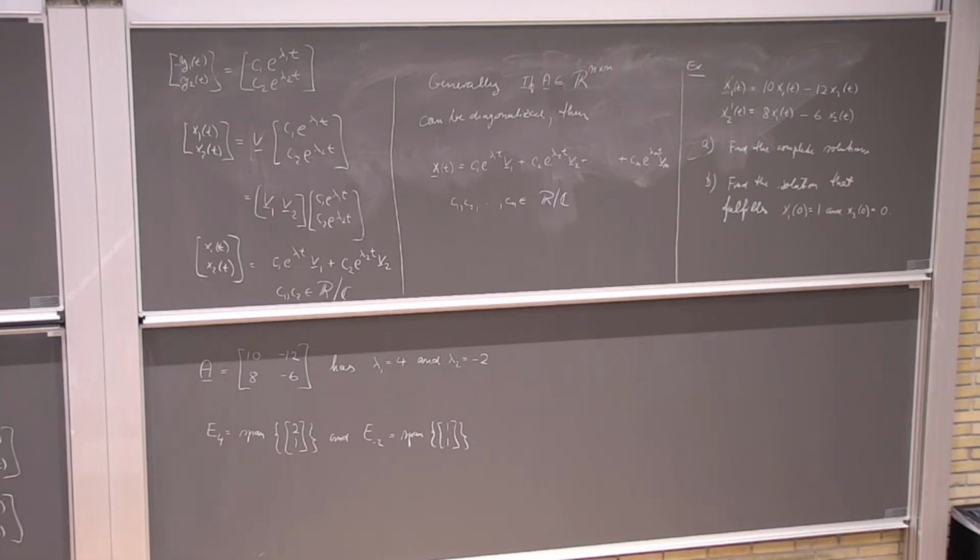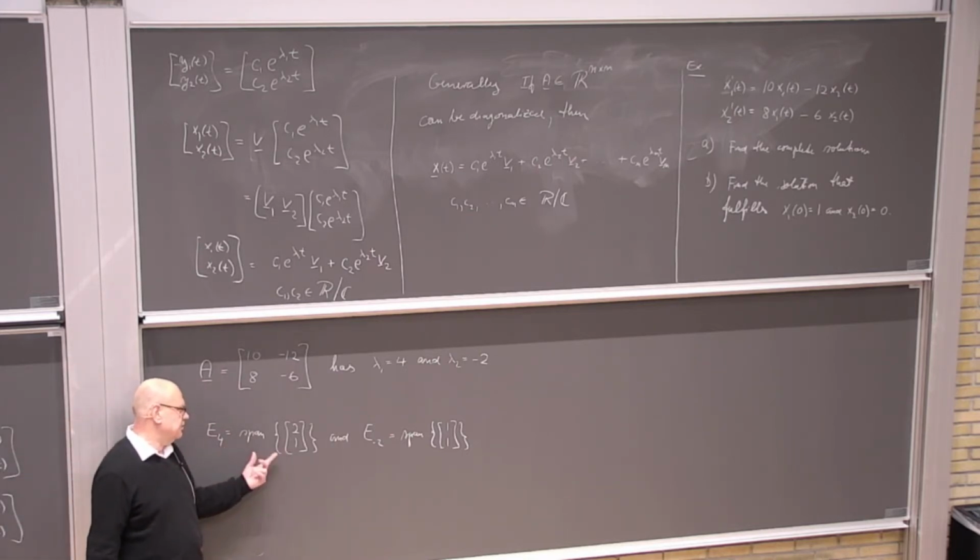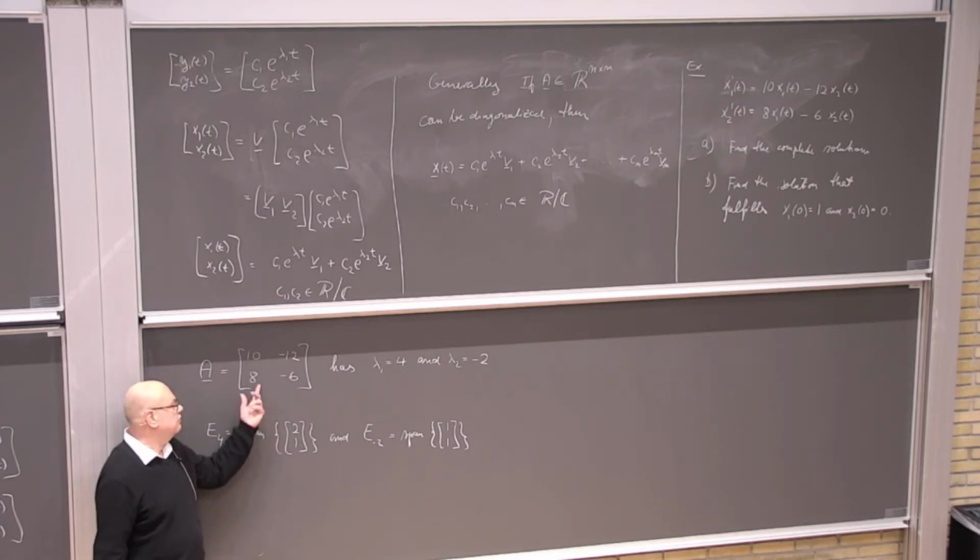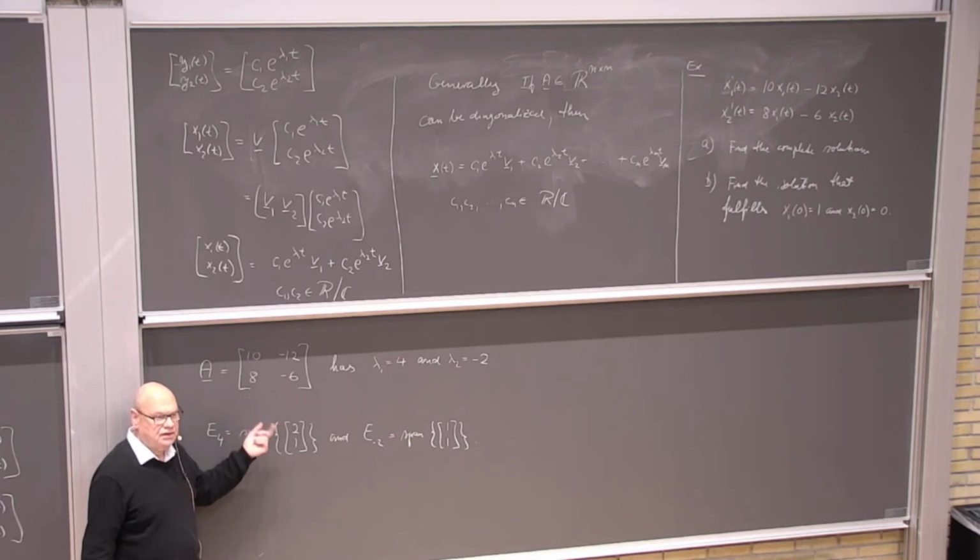But now it's perfectly easy to write down the full solution. And this is just one call to Maple. When you have defined this, then you call eigenvectors, and it will give you both the eigenvalues and the eigenvectors.